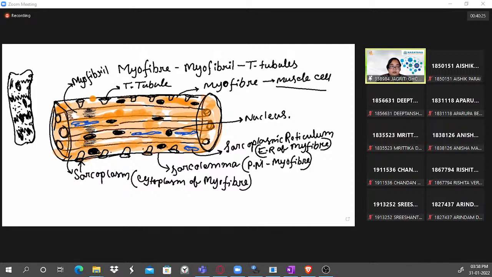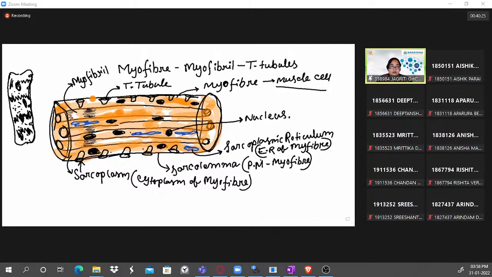These bandings are visible in myofibers as well as in muscles.